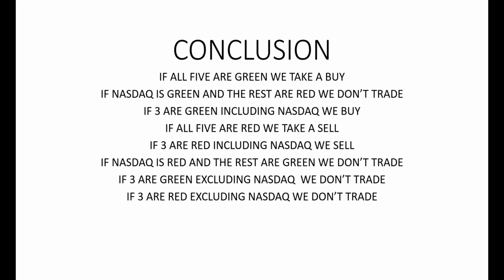If Nasdaq is red and the rest are green, we don't trade. If three are green, excluding Nasdaq, we don't trade. If three are red, excluding Nasdaq, we do not trade. For a sell the arrow should be red, and for a buy the arrow should be green.